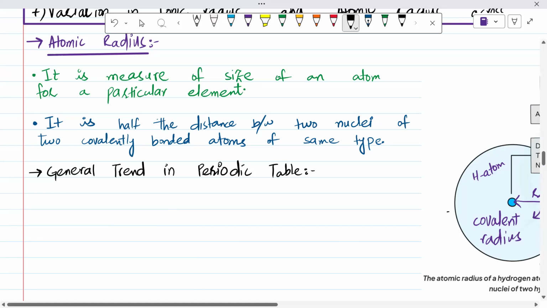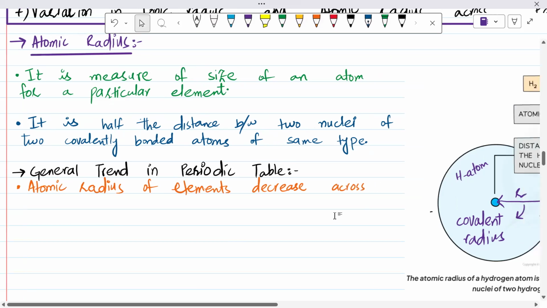When we talk about the atomic radii, we say that the atomic radius of elements decreases across the period.